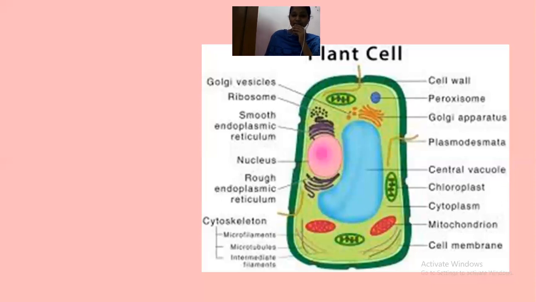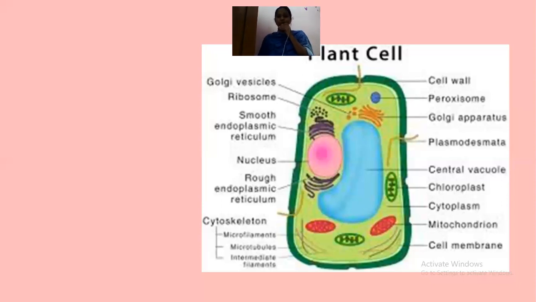So with this, we should conclude. The cell is the basic structural and functional unit of all living organisms because it has many subcellular organelles, each having its own function. As the entire metabolism is associated with the cell and its cell organelles, the cell is called the basic structural and functional unit of all living organisms.